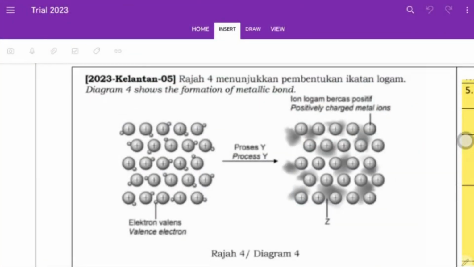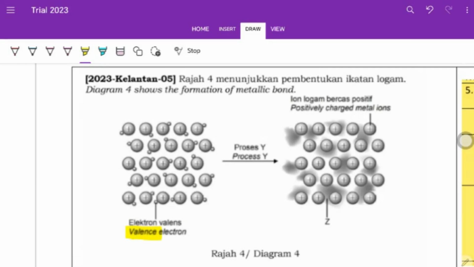Okay, class. Now we continue. Diagram shows the formation of the metallic bond. Valence electrons you see here. Because the metal, right?